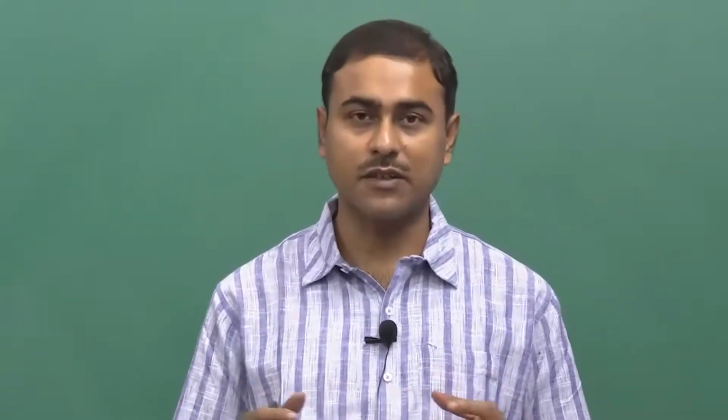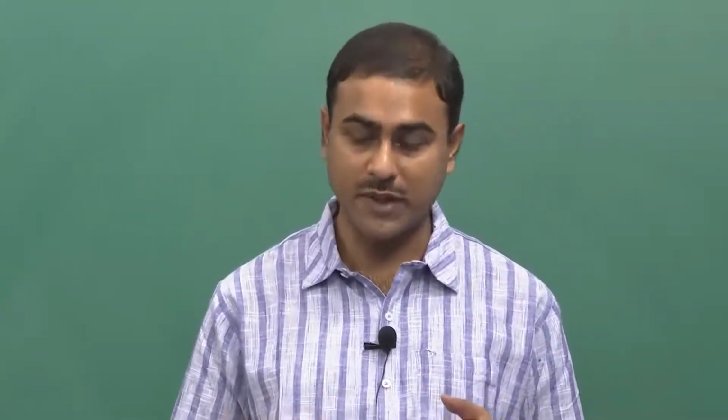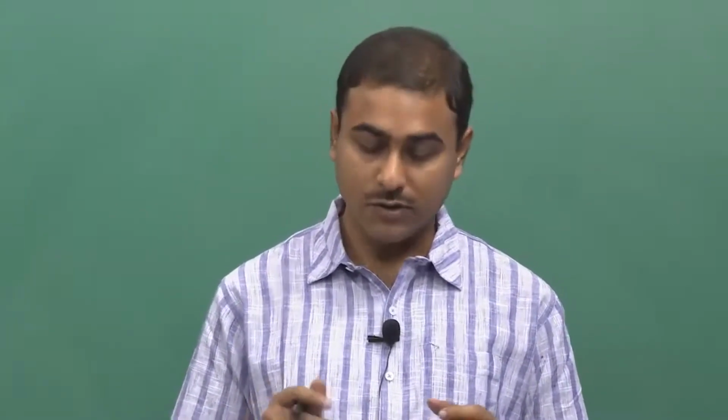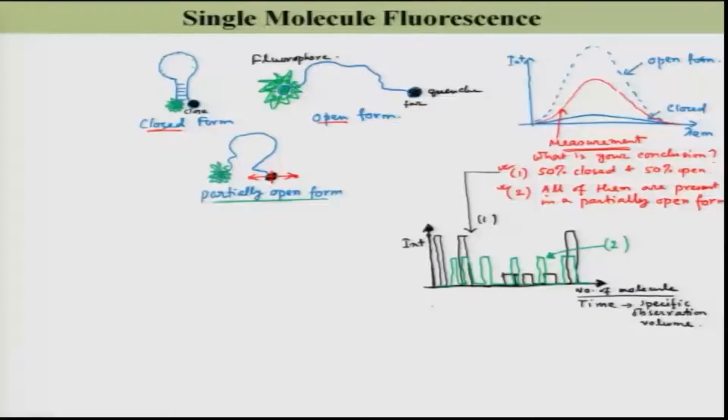So, such kind of slow conformational fluctuation dynamics can also be observed, and in such a case, if you now do such kind of plot, what are you going to see? You are going to see such a diagram. In all the cases, it is similar intensity, but within this similar intensity, there is some sort of fluctuation.